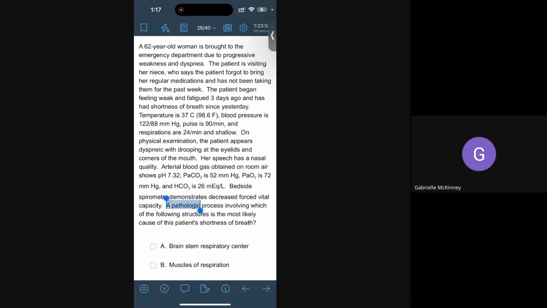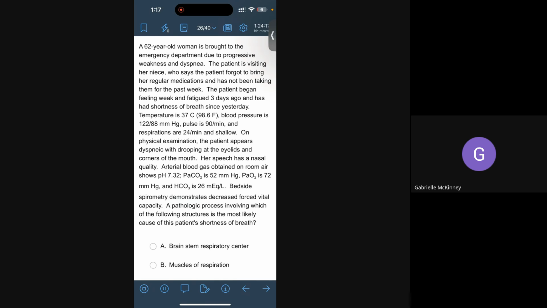The age is 62, progressive weakness and dyspnea, and the patient comes to the emergency department. So always see whether the visit is an emergency one or a regular visit. That is also very important along with the age of the patient.